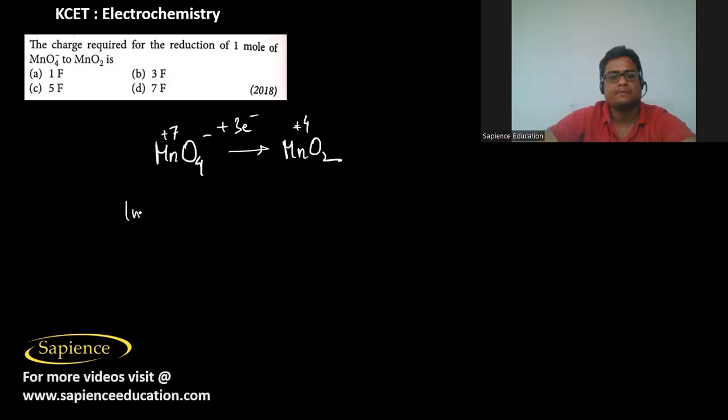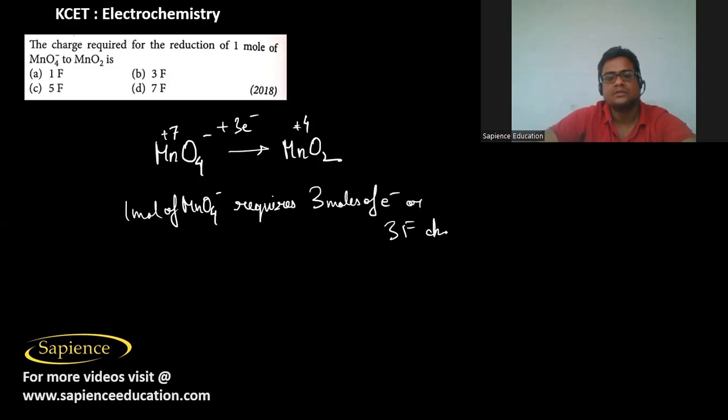That means that 1 mole of MnO4 minus ion requires 3 moles of electrons, or 3 Faraday charge.